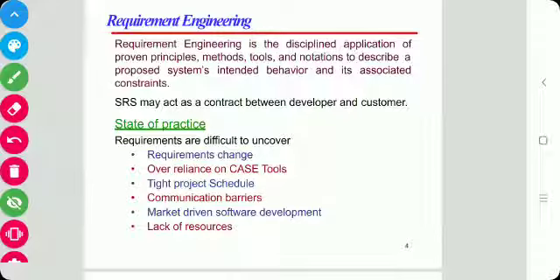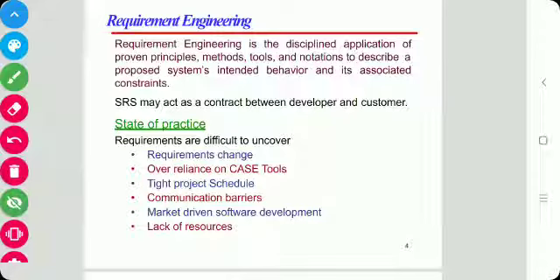First, requirements are difficult to uncover, as there are various persons involved in the software engineering process, so it is difficult to cover all the requirements. And initially the customer does not know all the requirements. So this is the first reason, that it is impossible to identify all the requirements regardless of the technique we use.